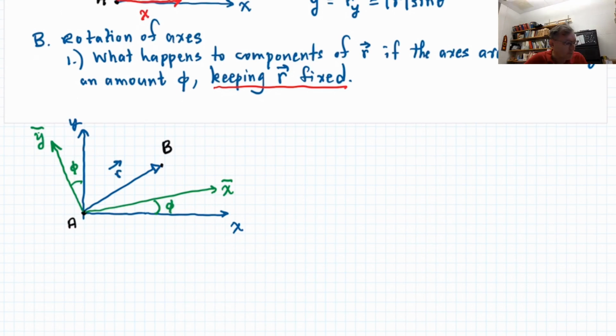Now what I want to know is what are the components of that displacement vector, r arrow, but now with respect to the rotated axes, the new set of axes, x bar and y bar. Okay?